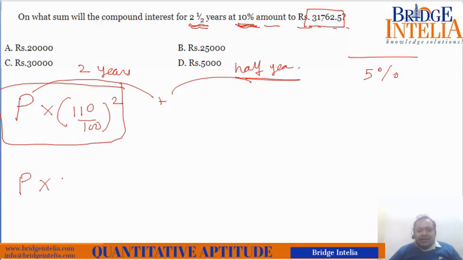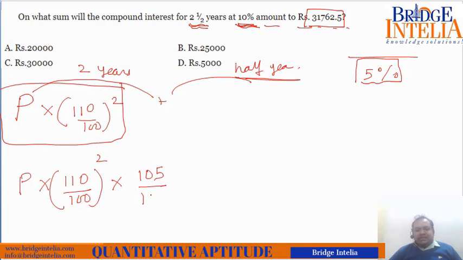The amount has already become this much, so in the next half year you are going to gain only 5%. So this is the current amount, and in the next half year it will become this much. So this final value is given as 31762.5.